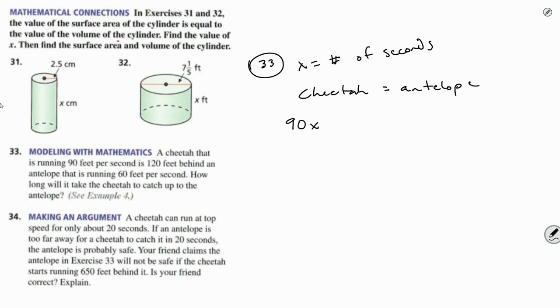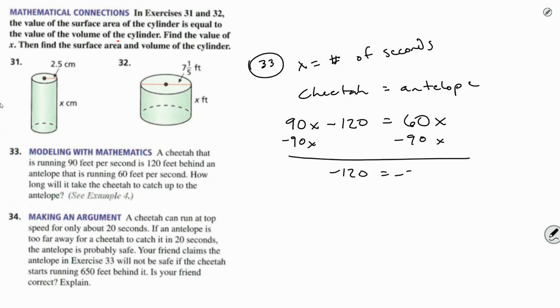So 90 times x, every time it runs another second, gains another 90 feet, but it's 120 feet behind. So I'm going to do minus 120 equals 60 feet per second x for the antelope. We want to know when they're equal. So we should say that the cheetah is going to catch that antelope for a tasty lunch after 4 seconds.